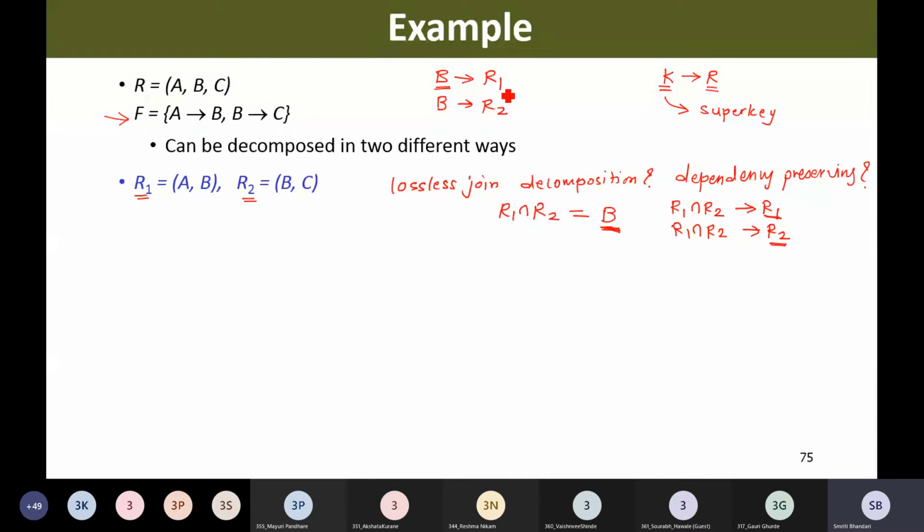Now what is there in R1? In R1, I have two attributes, A and B. So is B determining A and B?